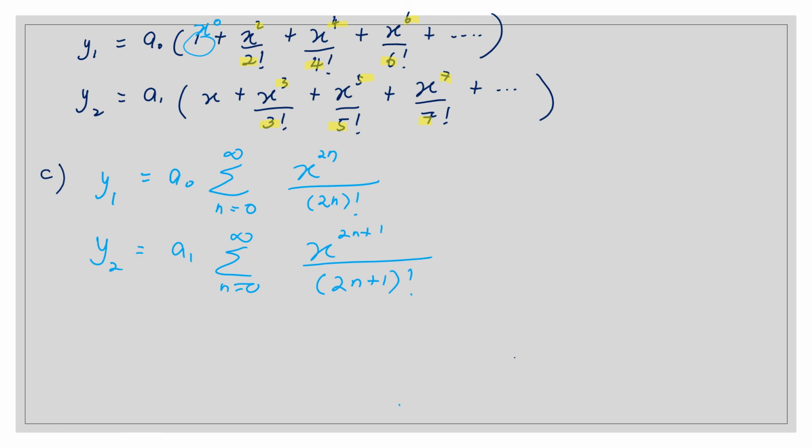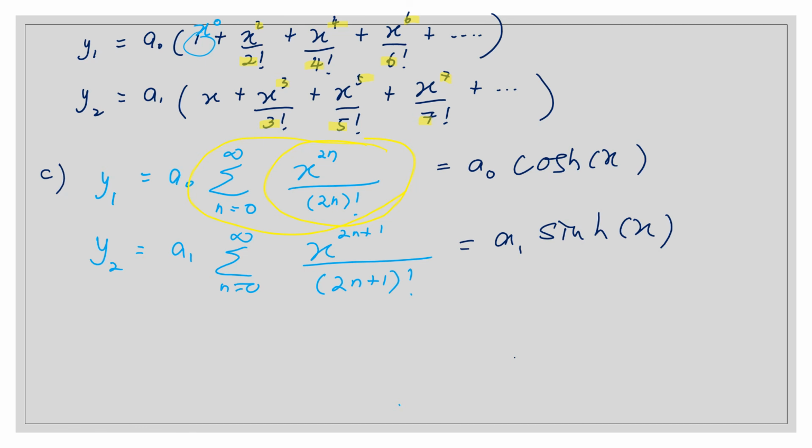If you recall the Maclaurin or Taylor series, this series we can write as a0 cos x, and for y2 we can write it as a1 sin x.